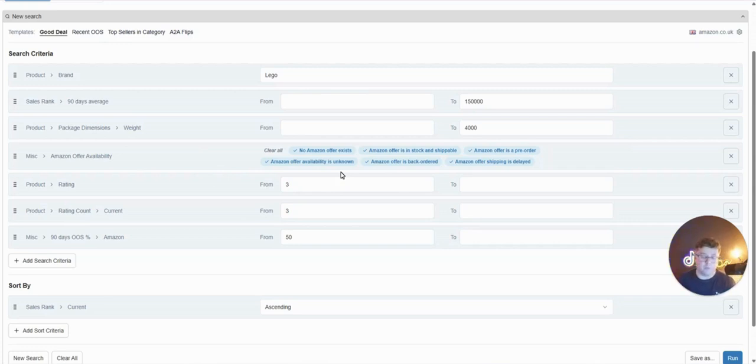Now we've got the Amazon offer availability, and some of these filters can be used in a number of ways. Having this brought to the attention on the new search templates is quite good because there are some hidden advantages in some of these filters which we can use to get an advantage over Amazon. So we really want to be looking into these as well. Personally, I wouldn't have them all on at the same time.